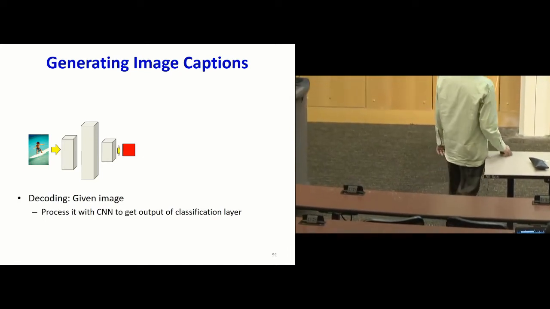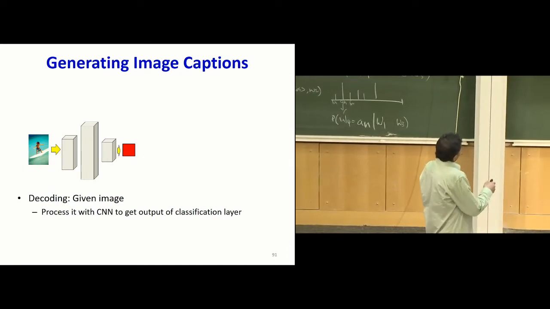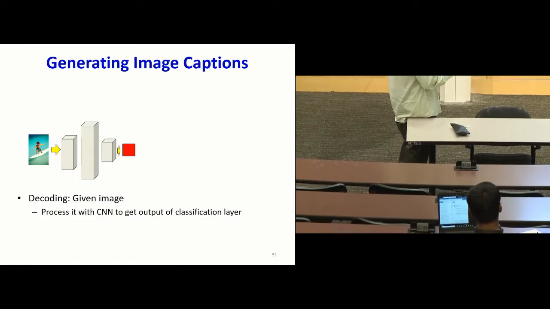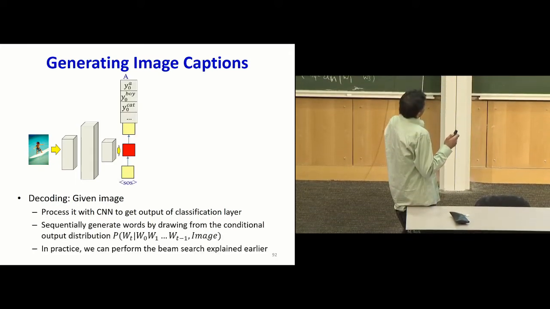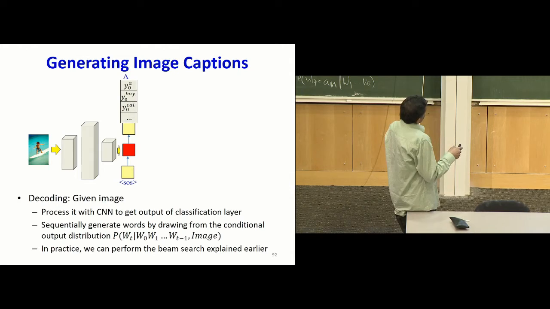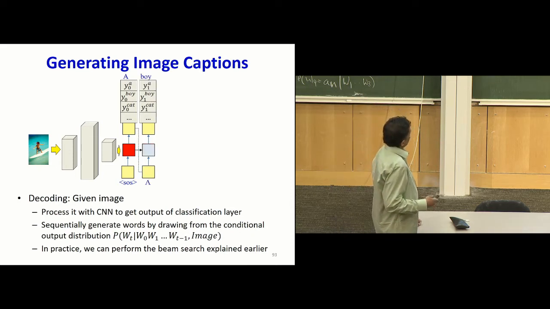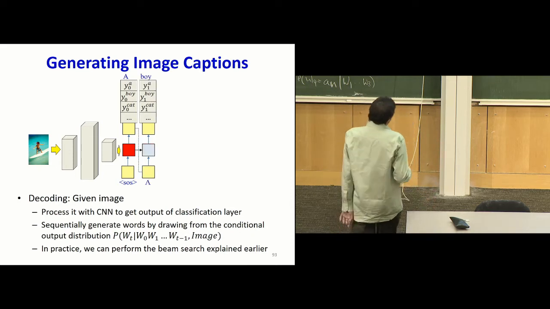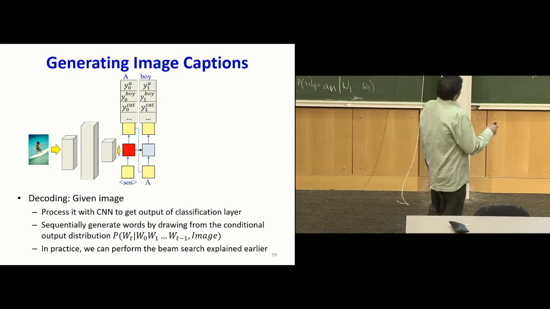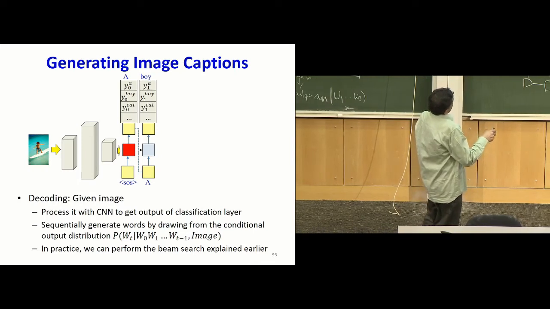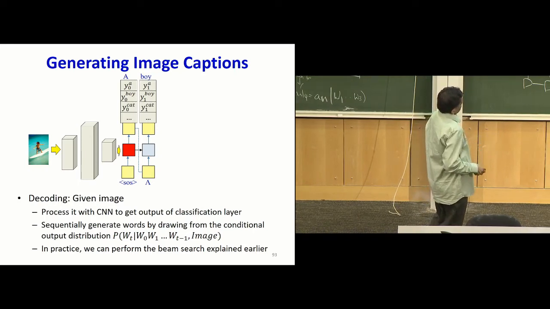So during inference, here's what you'd be doing. You're given an image, you process it with a CNN, and you get a hidden representation. This is now fed as the initial hidden representation to the decoder, which sequentially draws words and generates word sequences from the conditional output distribution, where at each time the word is drawn from the probability distribution of words given the image and all words output until that time.